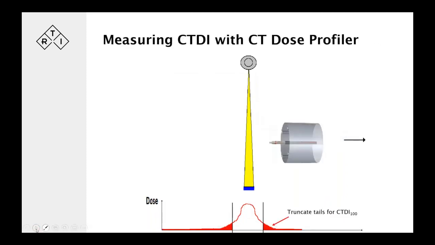To get the CTDI 100 value, we need to truncate the tails, and very interesting information here is that it lies outside the ±50 millimeters that fall outside the CTDI 100 formalism.